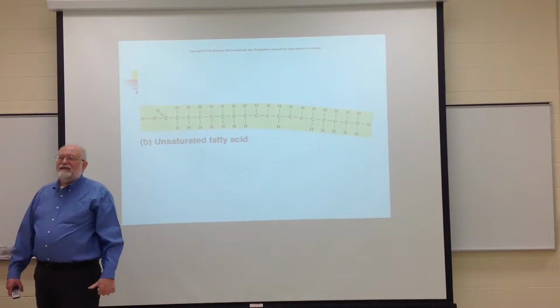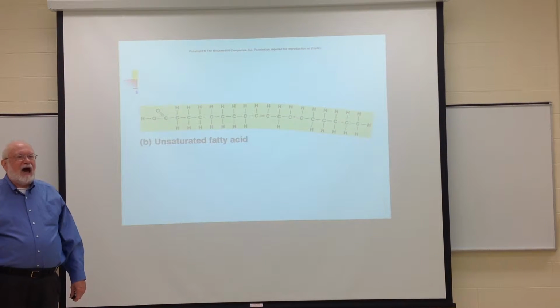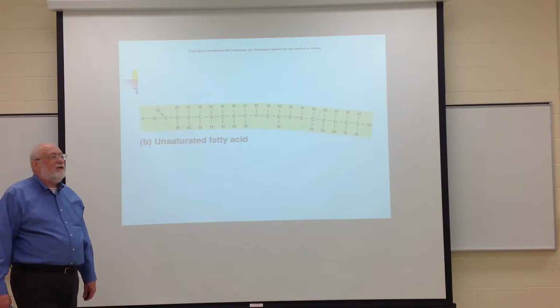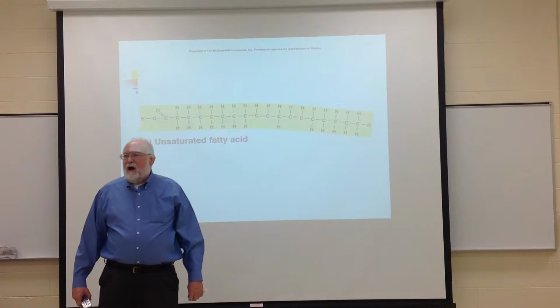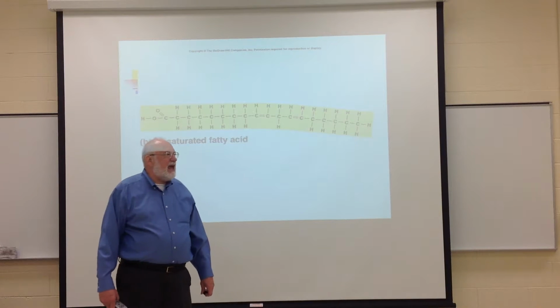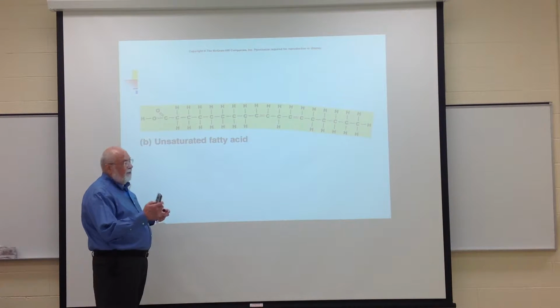That's not unsaturated, that's polyunsaturated, right? Why? It's got 2 double bonds. If it's unsaturated, what did we say that meant? Just 1 double bond. See? You have to watch. Sometimes books make mistakes. They did here. But in any event, there you go.